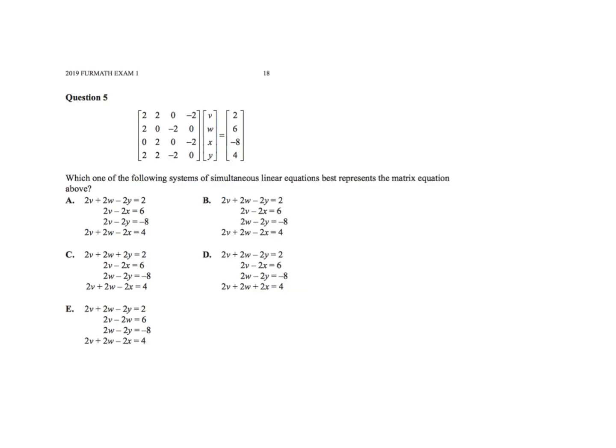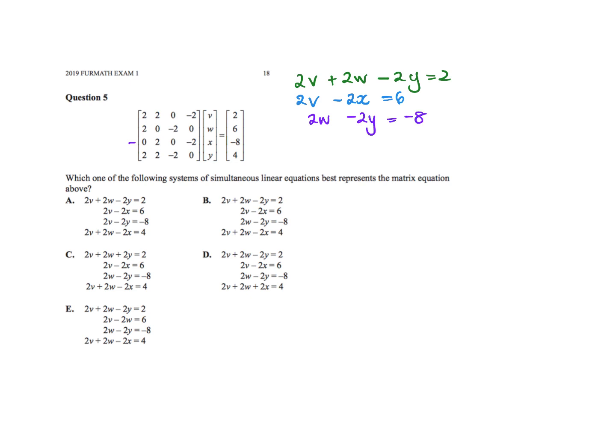Okay, this one, you just got to find the equations again. So I'm just going to go through it. It would be 2v plus 2w minus 2y equals 2. And then the next one would be 2v minus 2x equals 6. And my next equation would be 2w minus 2y equals negative 8.